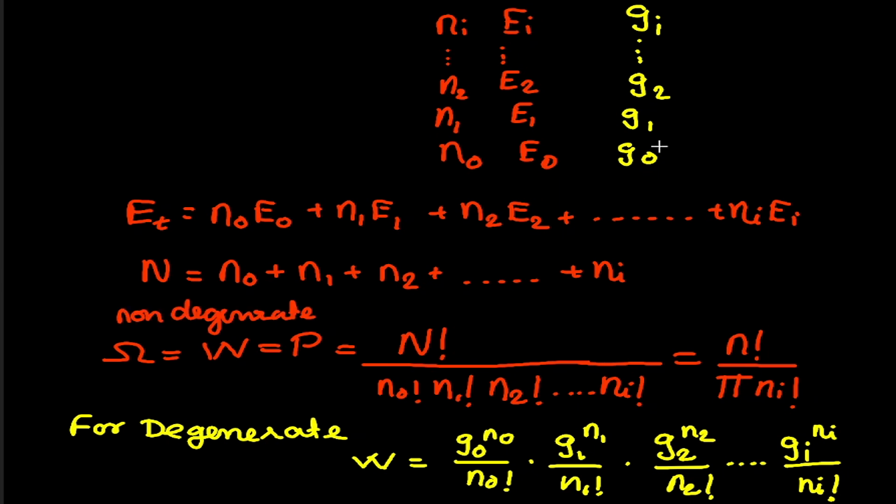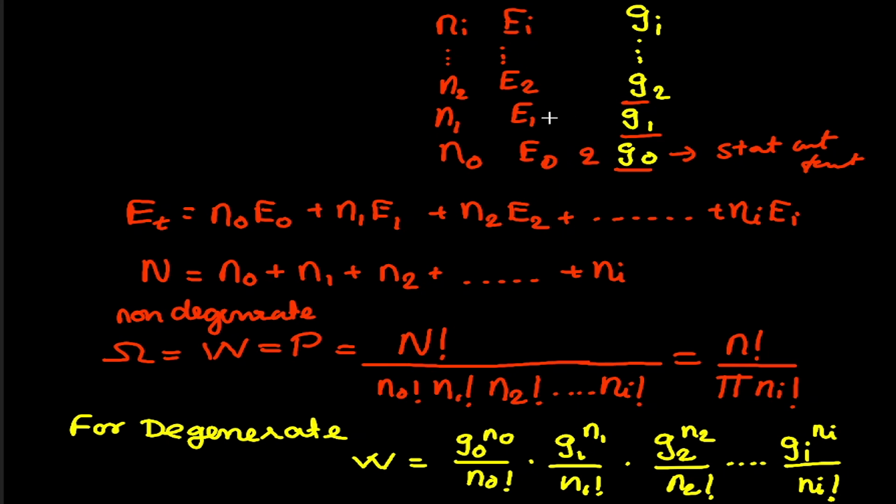For degeneracy, suppose G0 is the degree of degeneracy, or we can say the statistical weight factor. That is, energy level E0 has degeneracy of G0, energy level E1 has degeneracy of G1, energy level E2 has degeneracy of G2. Suppose energy level E0 has degeneracy 2, then these particles could be arranged in both of those levels.